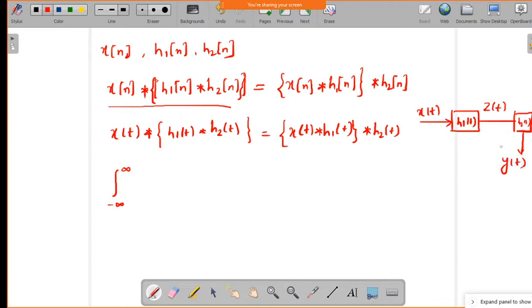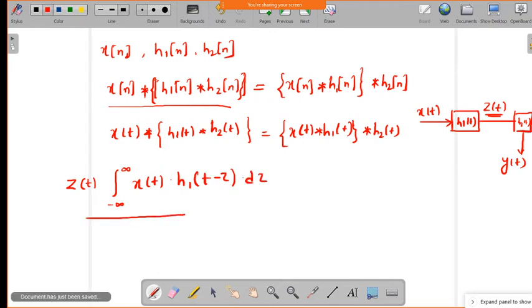First I'll write the intermediate signal z of t, which is nothing but the convolution of x of t with h1 of t, that is z of t equals the integral of x of tau h1 of t minus tau d tau. So this is the intermediate signal z of t.